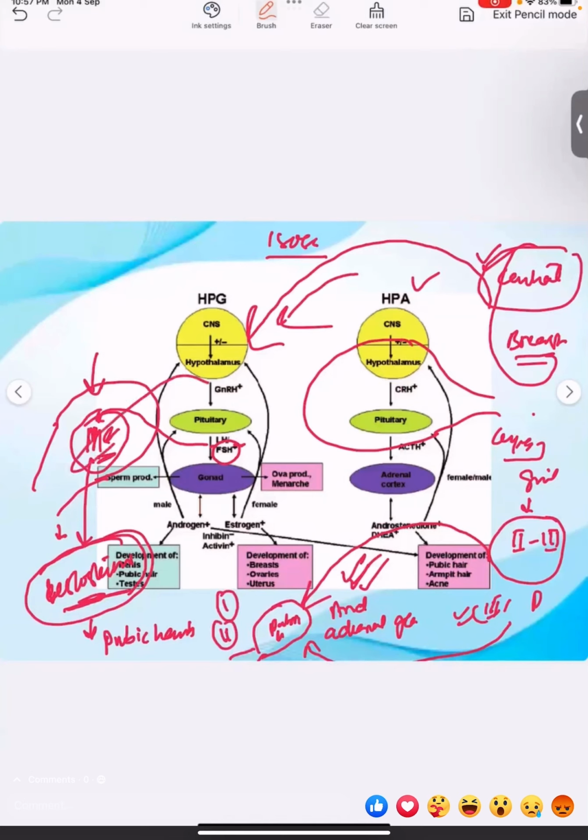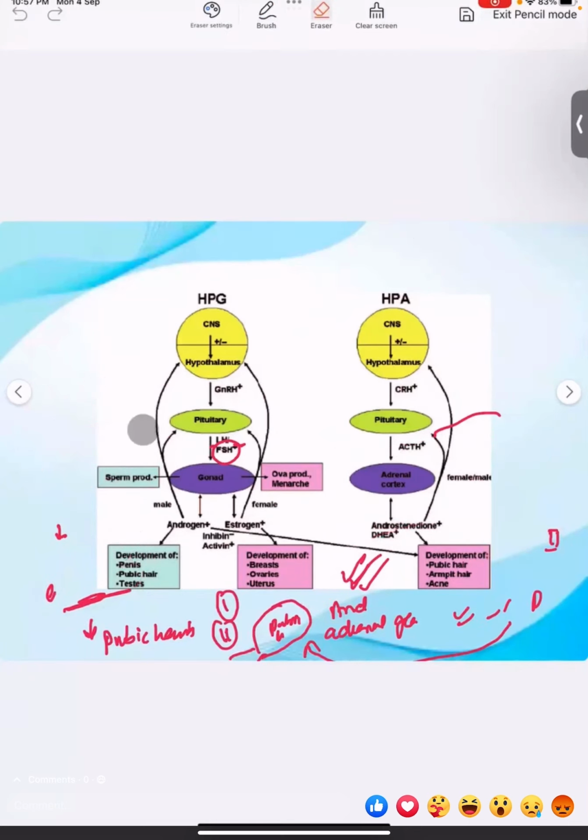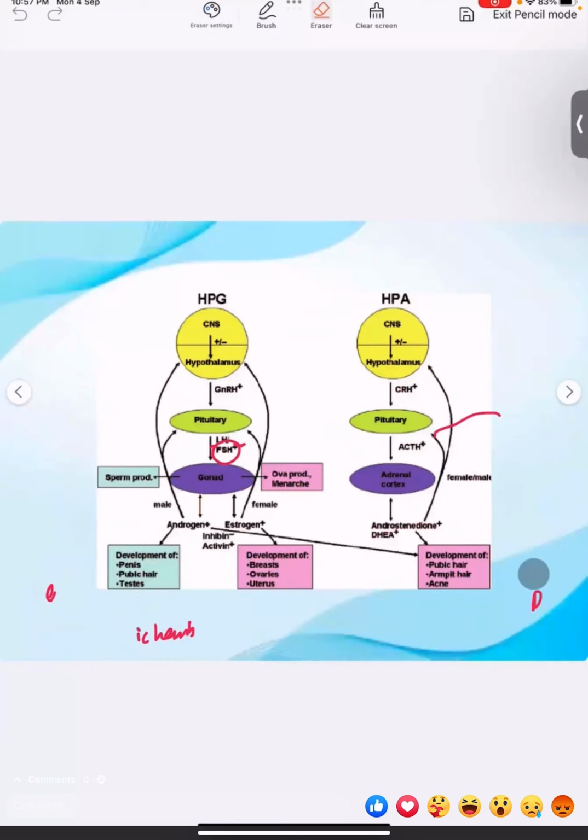Now let us talk about the male. So when we did these recalls, we came to know in case of male, these are the testes, follicular hormones, and these Leydig cells which are going to produce testosterone.